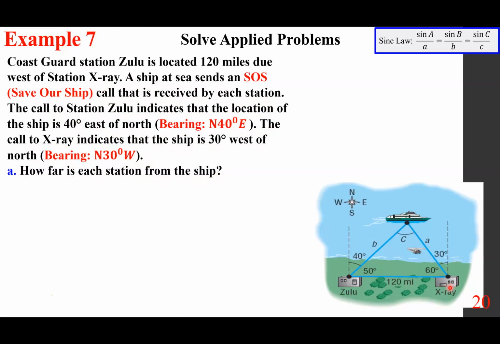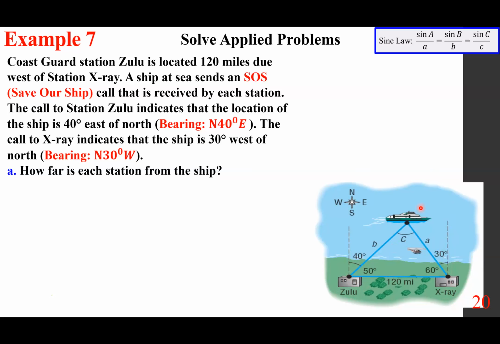So they received the signal. We have a couple of stations. According to one of them, the Zulu station, the bearing is north 40 degrees east. According to the other station, X-ray, it's north 30 degrees, this time west.